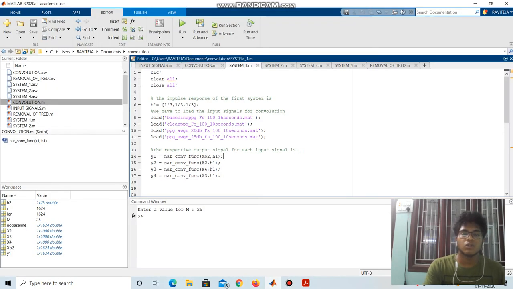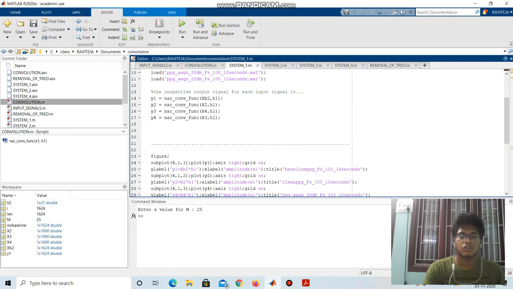If we go to the code, the impulse response is 1 by 3, 1 by 3, 1 by 3, and for the input signals, we have loaded those four input signals, and we have called the convolution function in this main function, so that the convolution operation is performed.